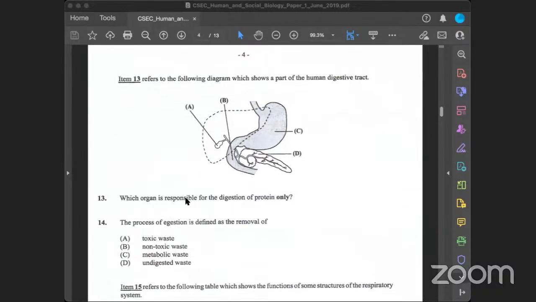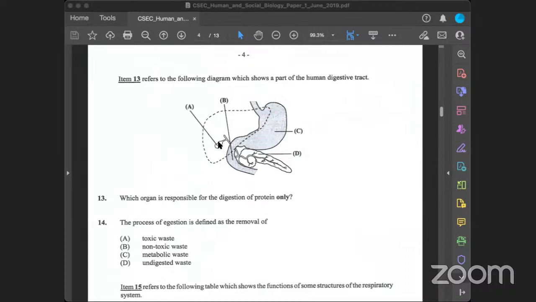Which of the following is responsible for digestion of protein only? That would be your stomach, right? So C. Let's say if they ask which of these have bile? Which one would it be?